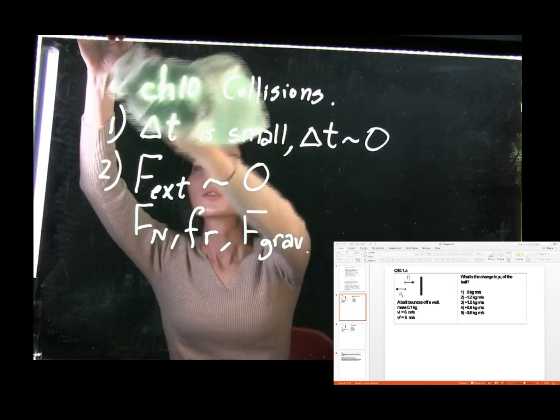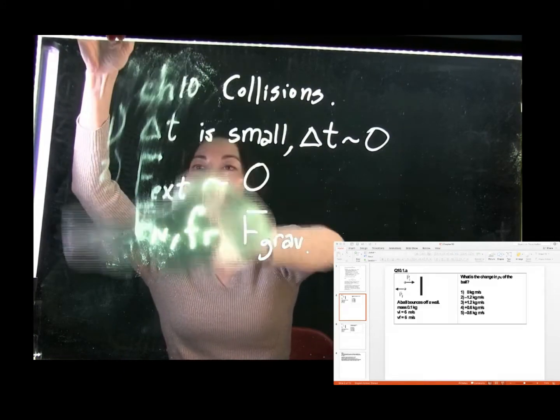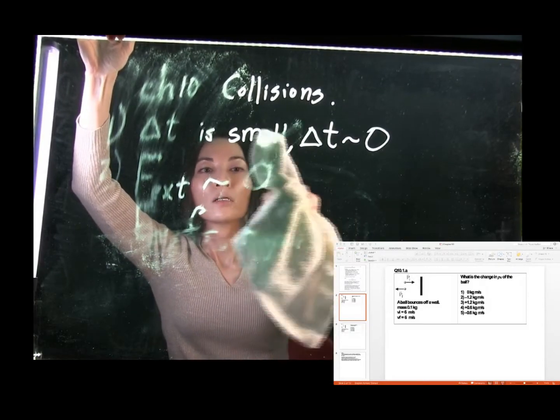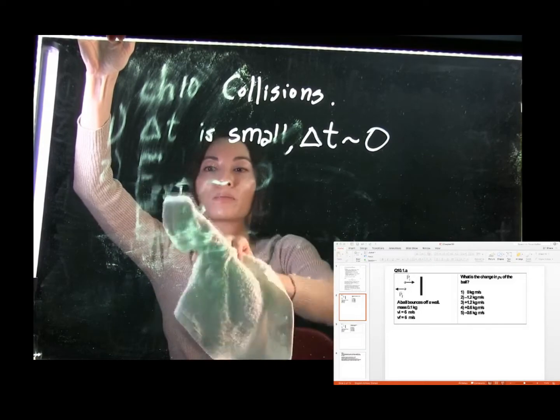So let us first look at the impact of these conditions for collisions on the momentum principle.